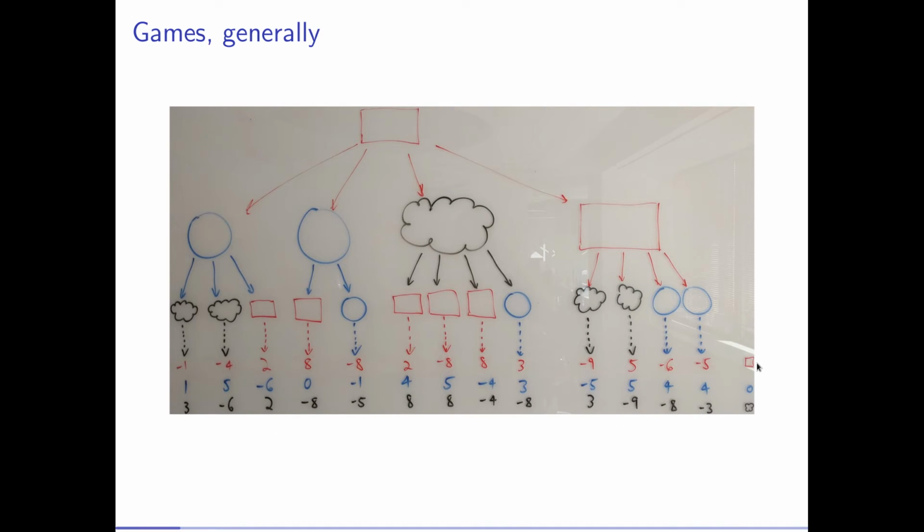There's a score for box, circle, and cloud for each final leaf in this tree. I've picked some random numbers between -9 and 9 from random.org just to illustrate what I mean by a game and so forth, and to give a running example to play with.